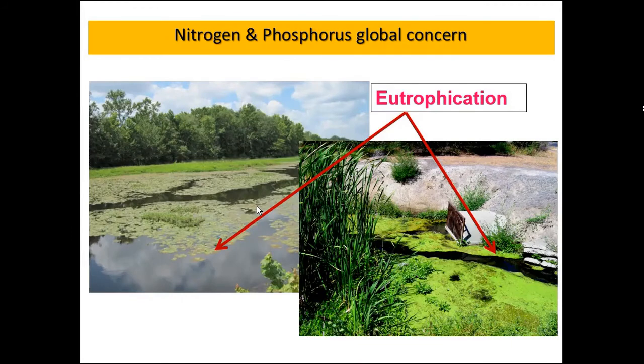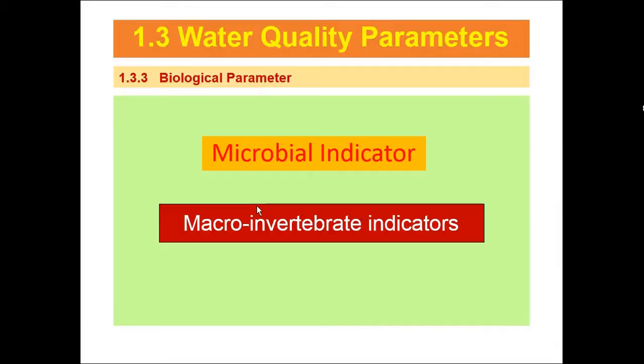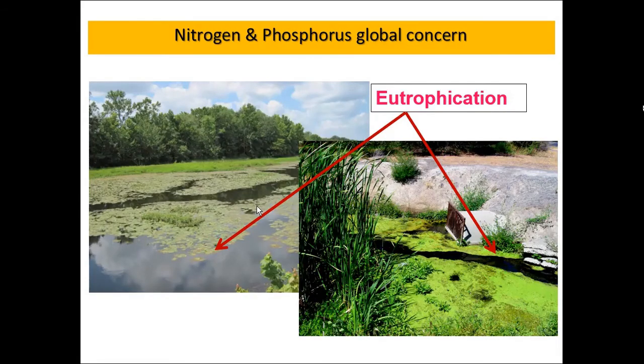One of the effects of nitrogen and phosphorus is eutrophication. Eutrophication means algal bloom. The algal bloom occurs when there is an excessive amount of nitrogen and phosphorus in our water bodies, so they accelerate algae growth. The green here is all algae, because of the excessive amount of nitrogen and phosphorus, day by day.